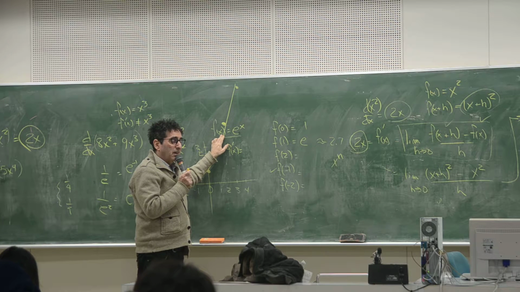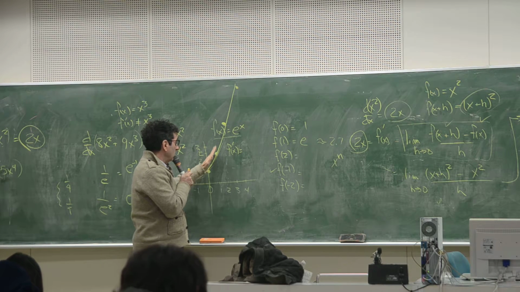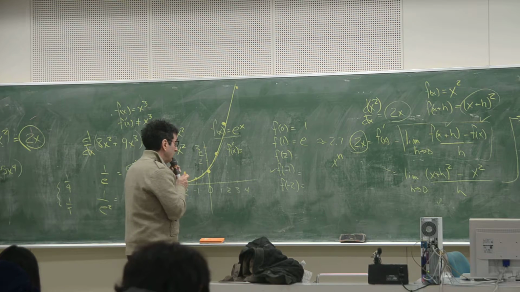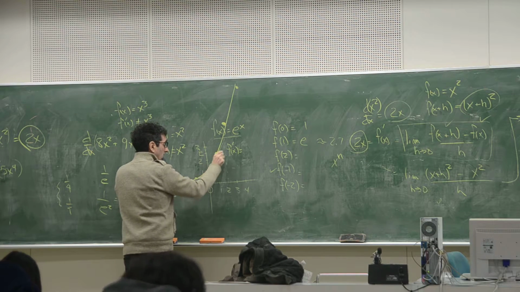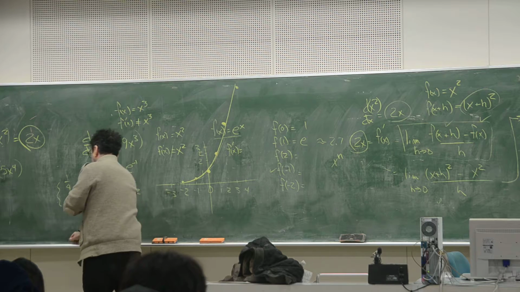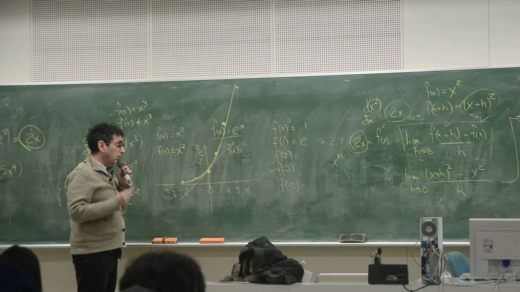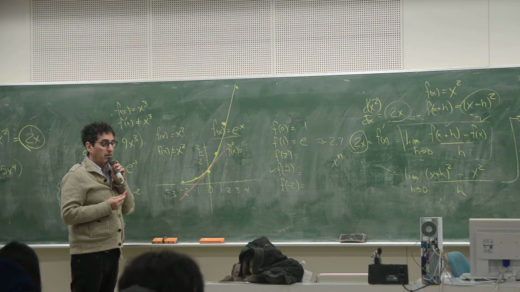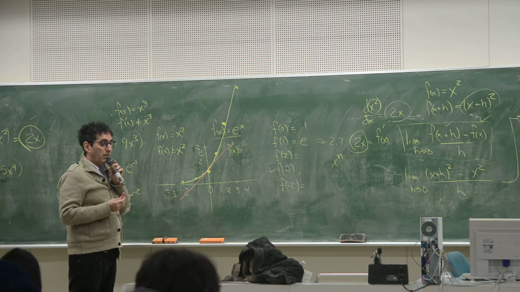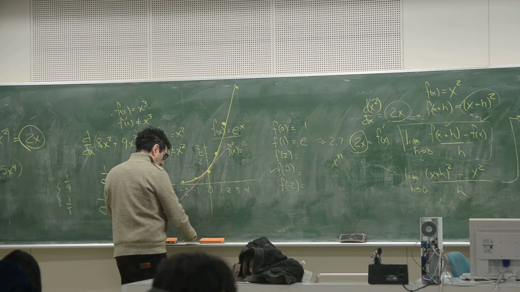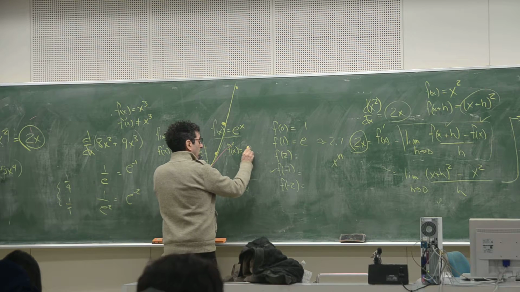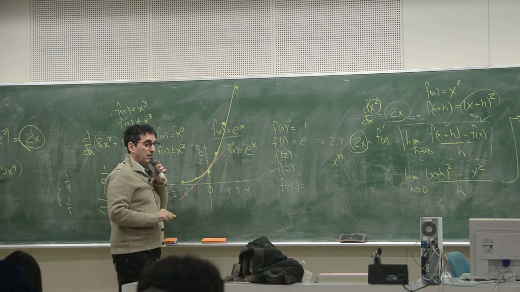What does that mean? It means that if I want to know the slope right here, I need the derivative. So the derivative of this, I'm telling you without proving it, is also e to the x.